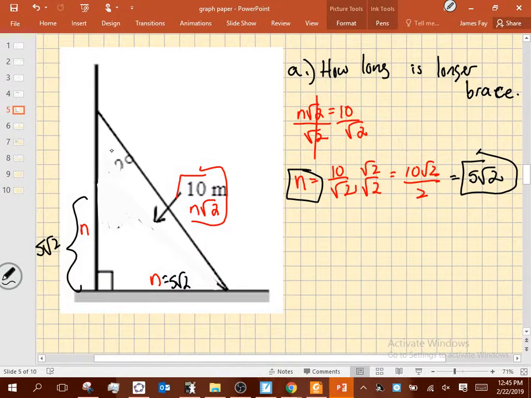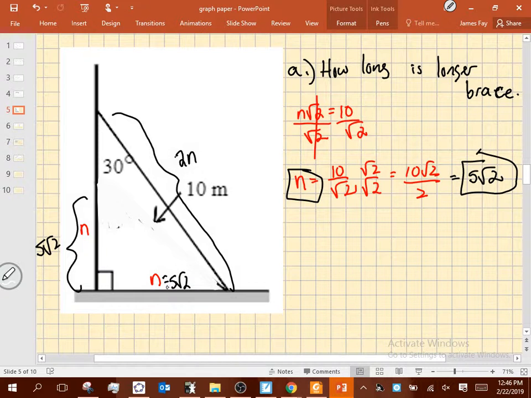I know this distance here, right? And if that's n, what is the hypotenuse of any 30, 60, 90 triangle? 2n. So this distance here is going to be 2n, which is just this number doubled, right? So if I'm going to double that number, what's that going to turn into? What's 5 radical 2 times 2?